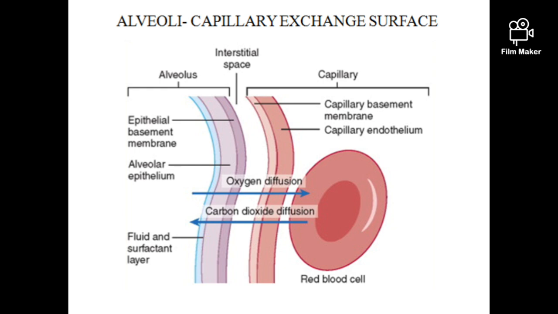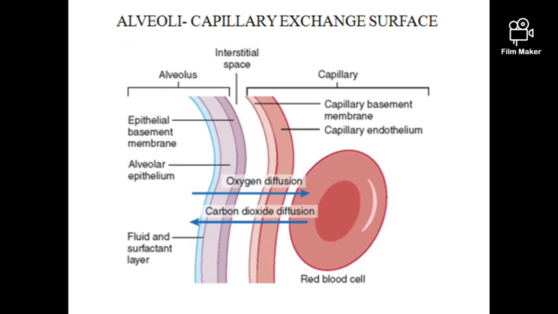So oxygen will move from alveoli to the RBC, and this oxygen depleted RBC has more carbon dioxide concentration. If we look into the carbon dioxide concentration across this barrier, the carbon dioxide is rich in capillaries, and its concentration is poor in alveoli.